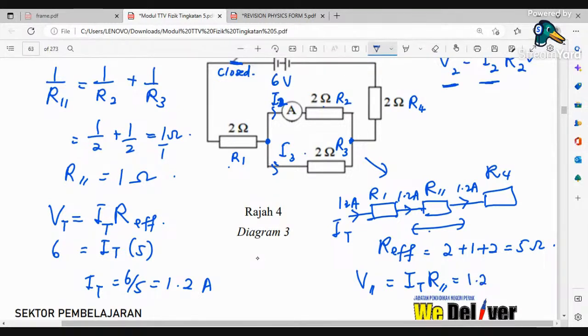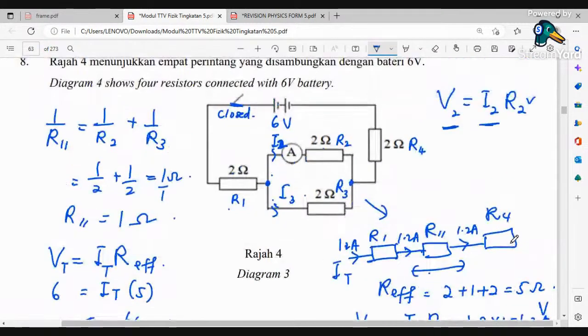So 1.2 times 1 is 1.2. Sebab dia series kan, it is 1.2 volt. So voltage across R2 is 1.2 volt.